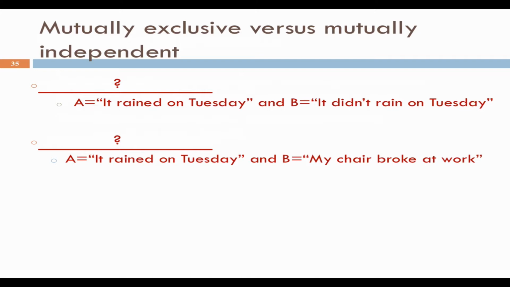Independent means that knowing whether it is raining or not doesn't help you at all to know whether your chair broke or not. Knowing that A happens gives you no advantage or disadvantage in inferring the probability of B. This is called independence, and the previous example is called mutually exclusive.